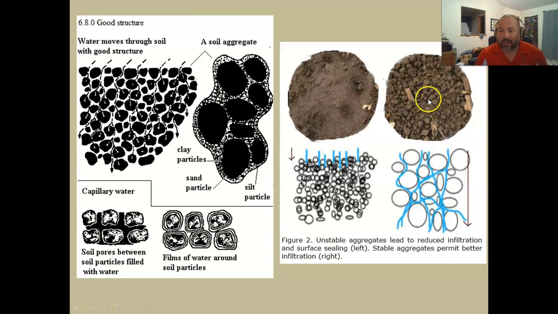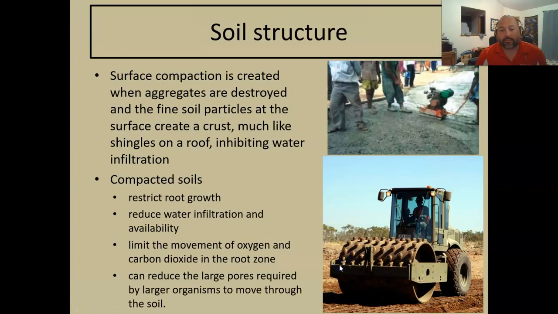It's got kind of that granular look to it, or maybe more of a little blocky sort of texture, where it's good structure. The soils are aggregated, which means we're going to have pore space and plenty of places for the water and air to move through.